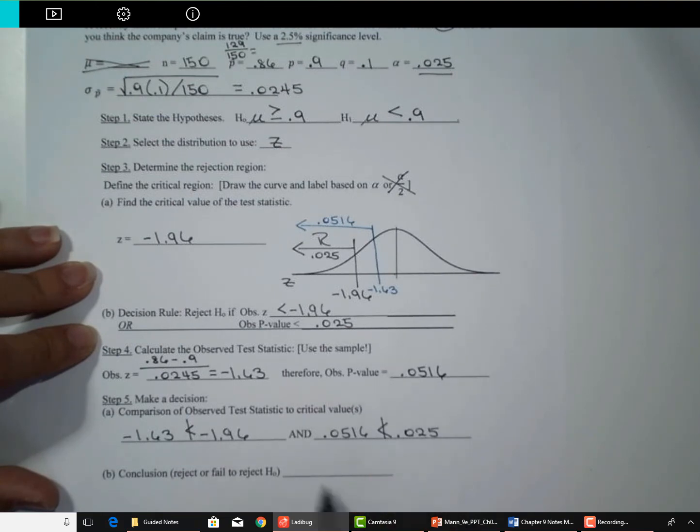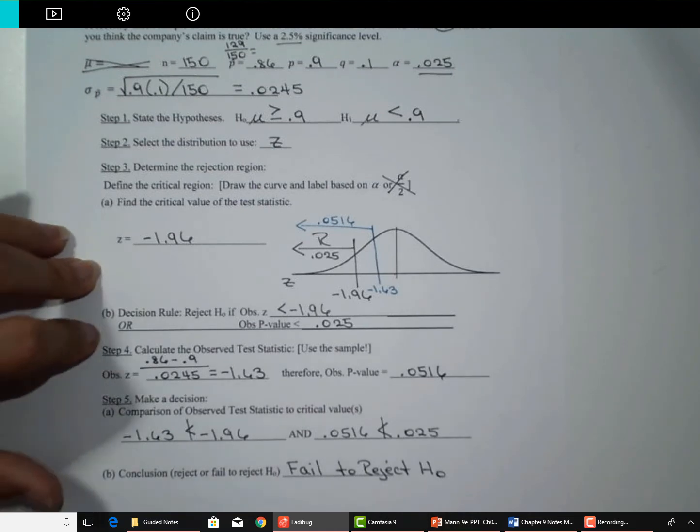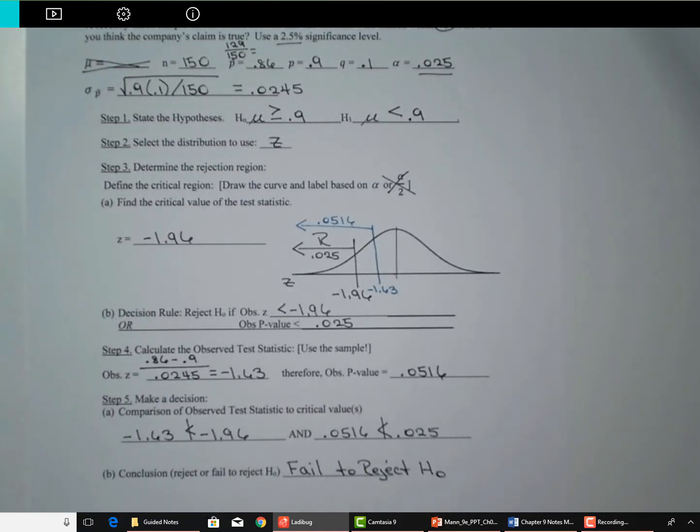But it's not. So both of them failed, which is good. I always like to agree with it so that I know I've checked my work. This time we failed to reject the null hypothesis. Good for the company because they can still say that at least 90% of their packages ship on time.